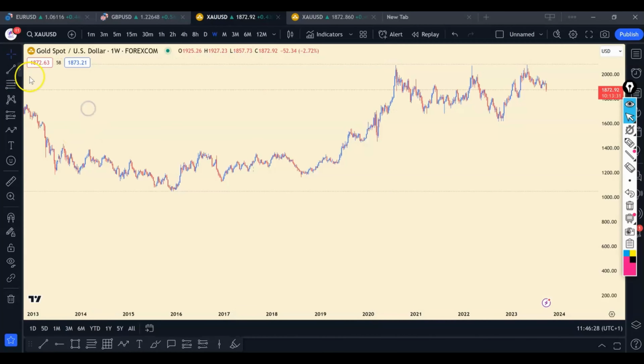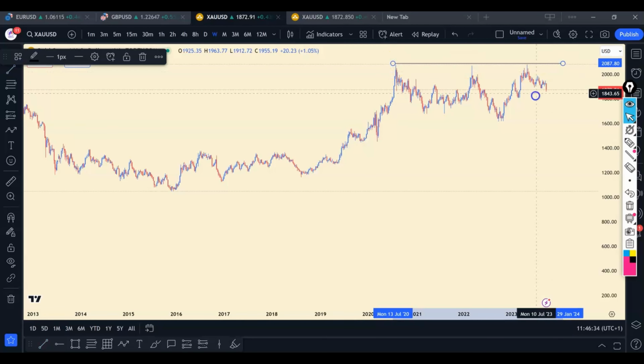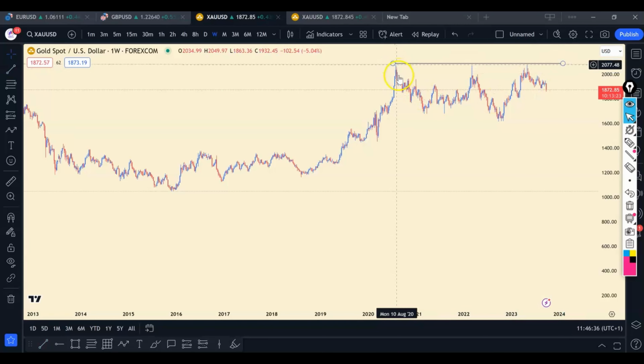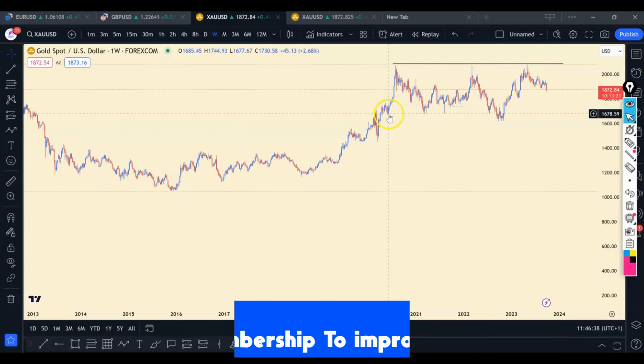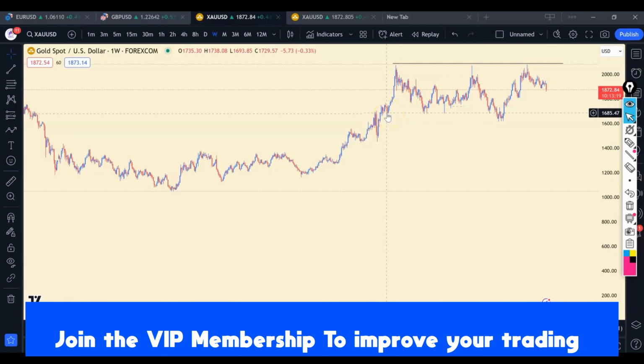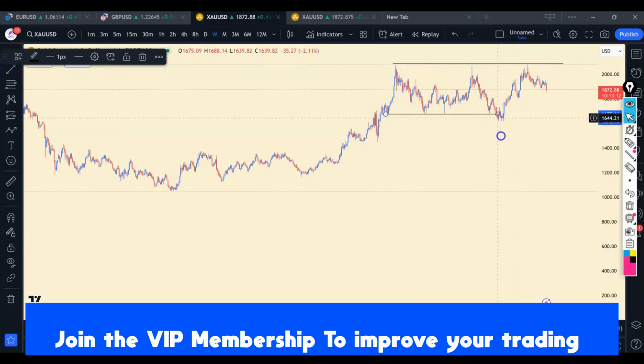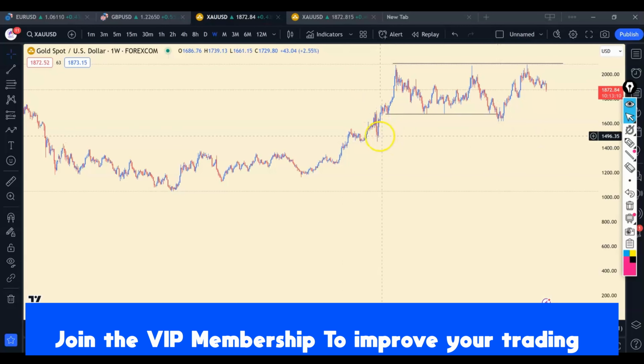In this case now, you can see that market failed to take out this. We didn't have a close above that level. So that makes this low here inducement. So which low needs to be taken before we have a shift in market structure?